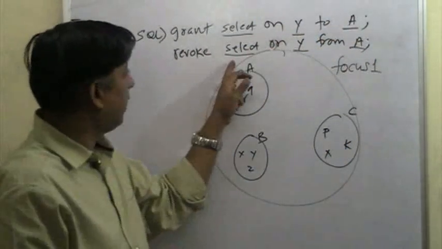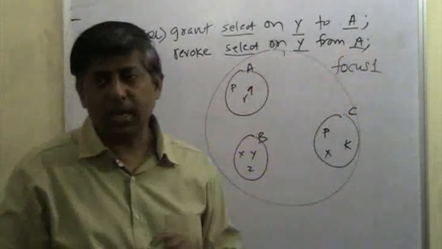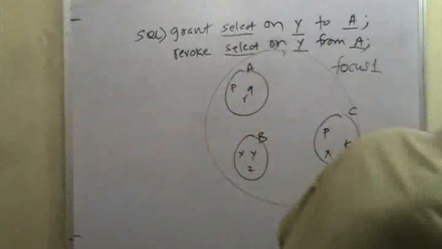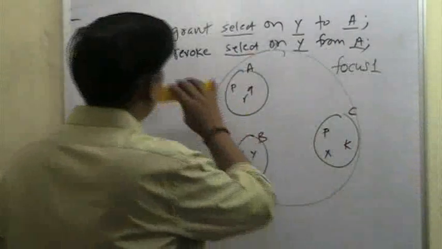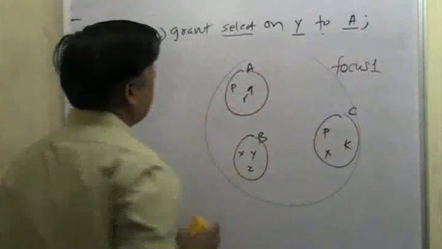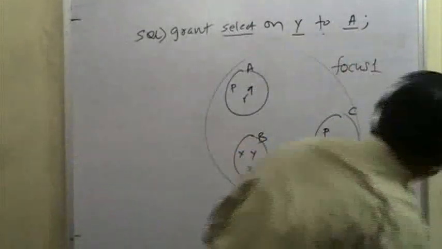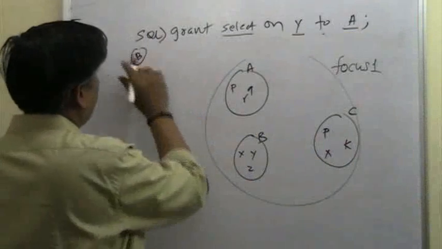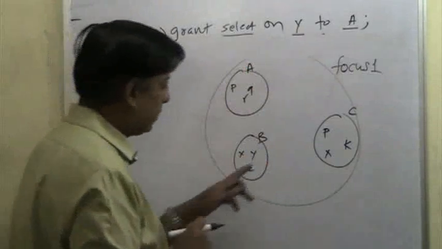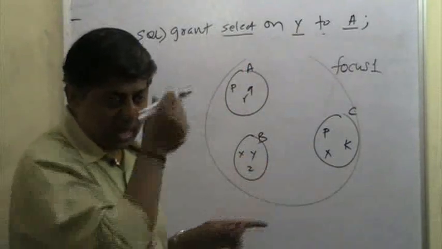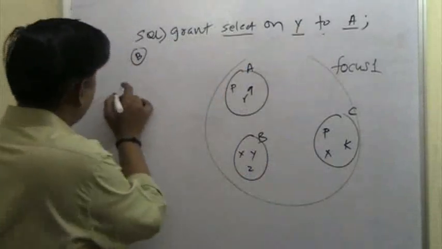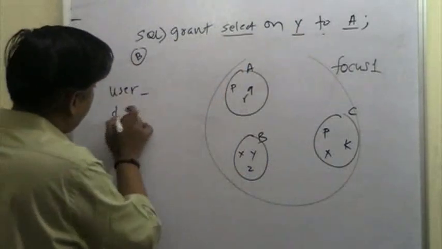So you are revoking a select privilege on object Y from user A. We are not talking about the revoke right now, but since we were on that topic, I just mentioned it. So user B has executed this command, and because of that, user A is now able to select data from Y.